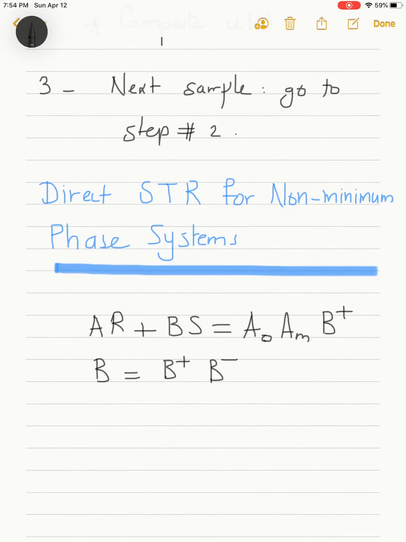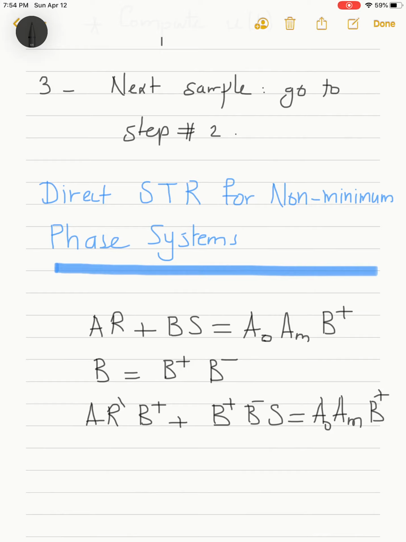Now we can factorize R as before as R dash times B plus, so the factors of B plus times B minus times S will be equal to A node AM B plus.